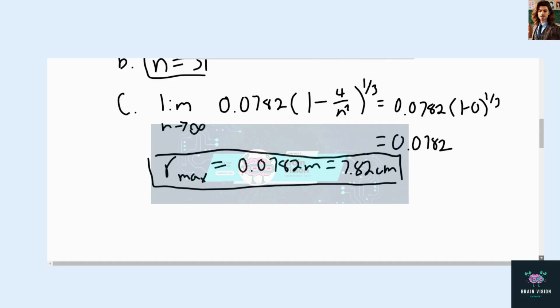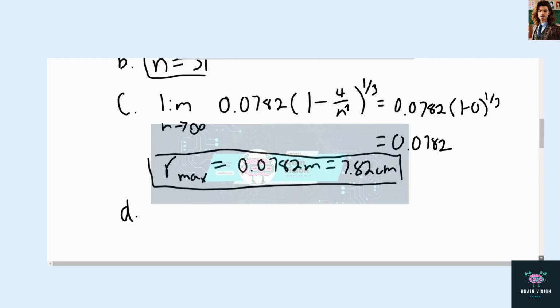And that's the crux here. That's why we can say that n goes to infinity, because we need n to be some integer for there to be standing waves. So that's why that works here.